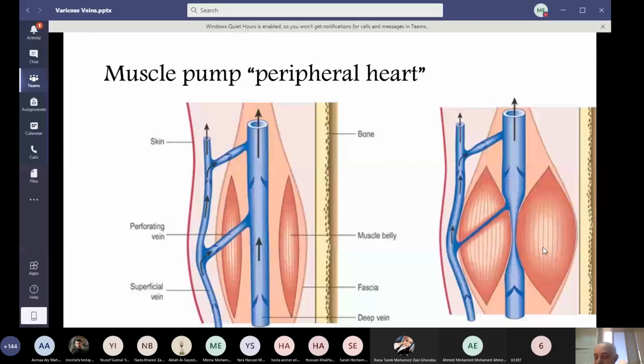Therefore, if the patient cannot contract his muscle, this pump will be deficient. Also the deep fascia is important, and competent veins, competent valves are very important. These three components are very important. If one component is affected, the function of the calf muscle pump will be affected proportionately.